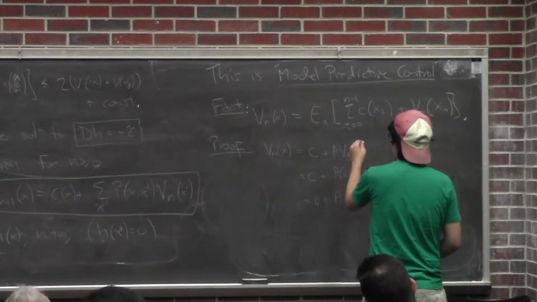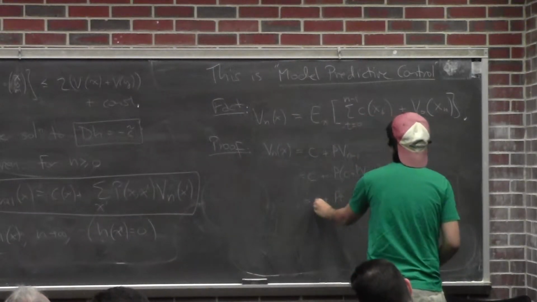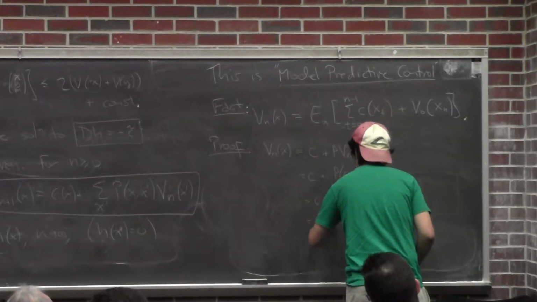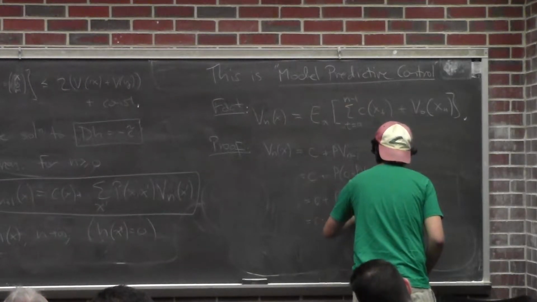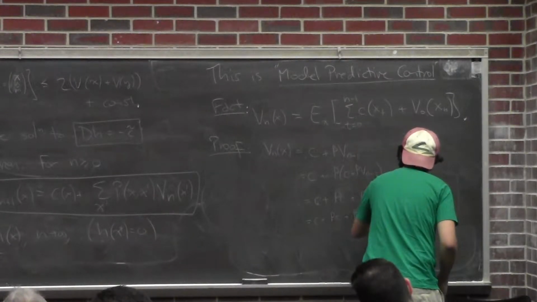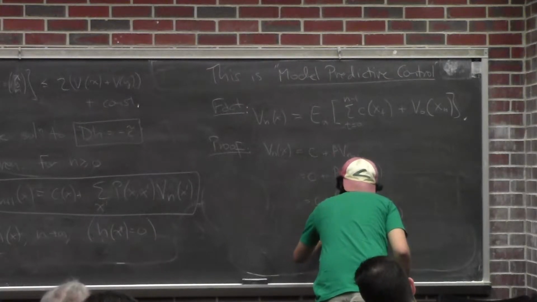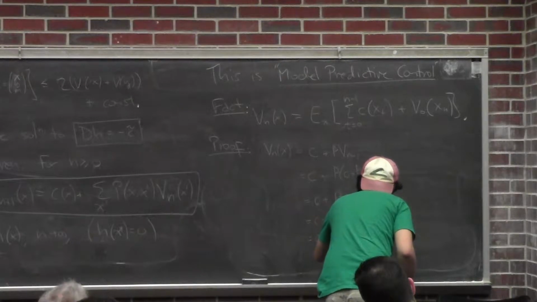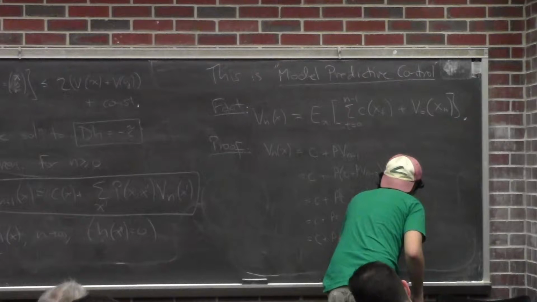Yeah, and then PC is the expected value. Okay, but how does this one get in? Keep going. You start with the big N, so you have to do this more times. Plus P squared C plus P V n minus 3 equals C plus P C plus P squared C plus P cubed V n minus 3.